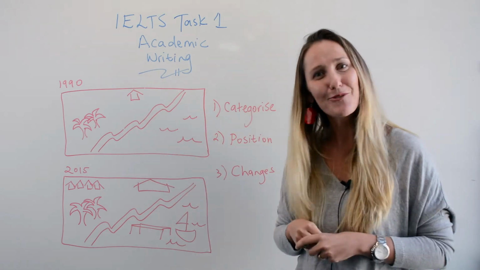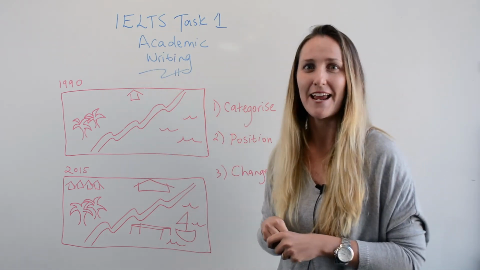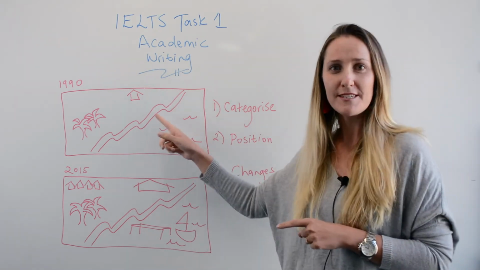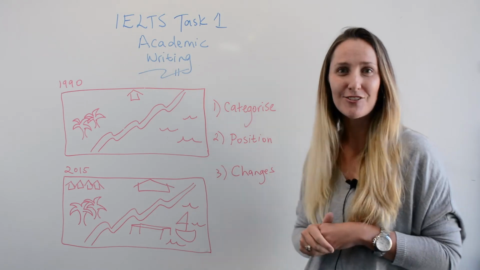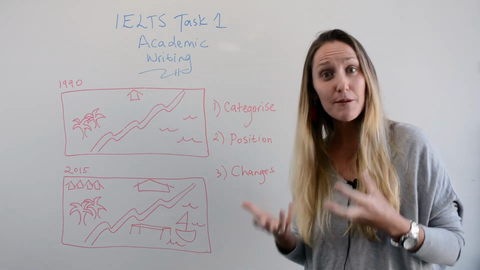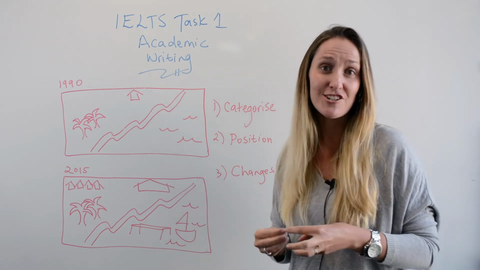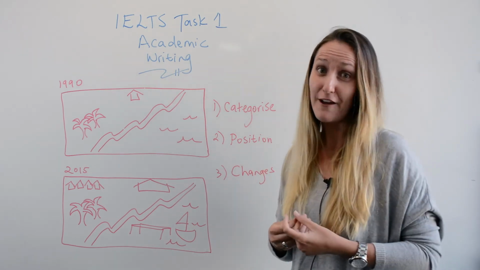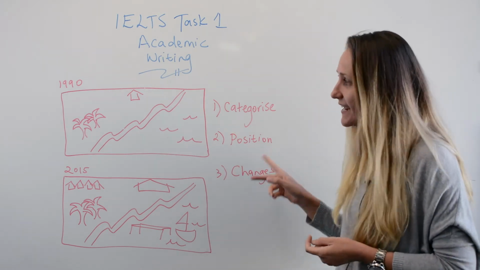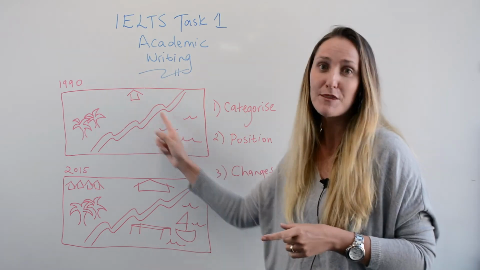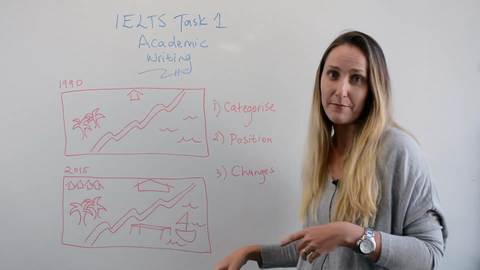All right, let's quickly summarize what we've talked about today. The first important thing is that you look at both maps and that you're able to categorize the changes that have taken place. By categorization, we simply mean counting the changes and the similarities so that you can summarize them effectively. Secondly, it's important that you know some keywords that you can use to describe the position of things on the maps.